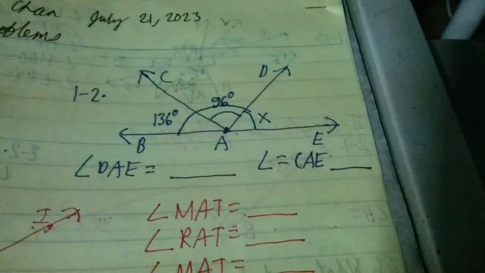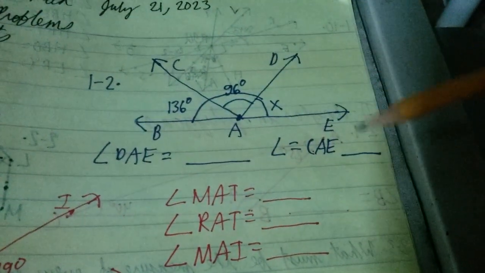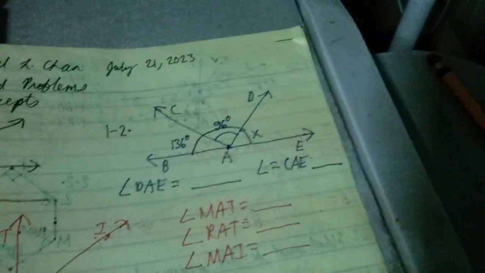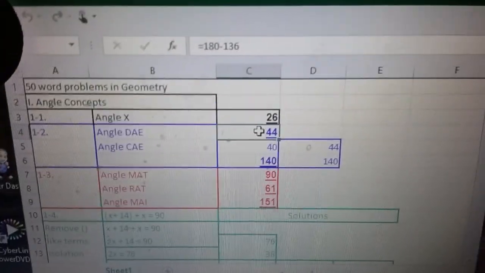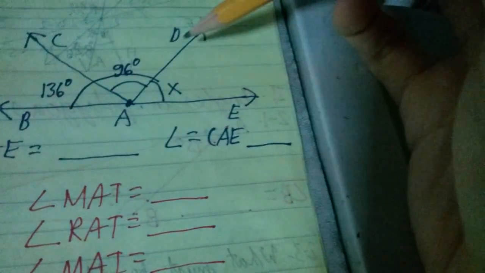And here we have two answers. We must solve for angle DAE and angle CAE. But what's the solution? Here's how we did it. First, remember this is angle DAE, the one I did. So ano yung ginawa ko? 180 minus 136. Ano yung angle DAE? Ang angle DAE ay yun dito.